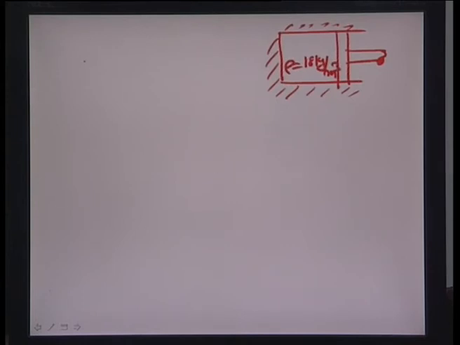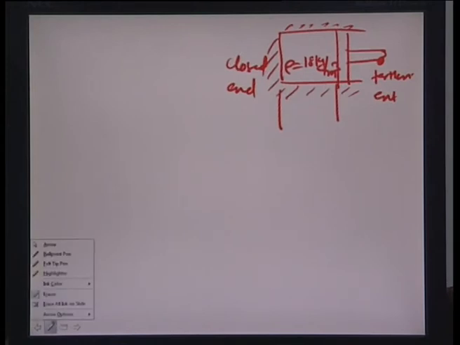This is the closed end, and this is the farthest extremity that the piston can travel, and in the question this extremity has been given as 0.15 meters. So the distance here is 0.15 meters.